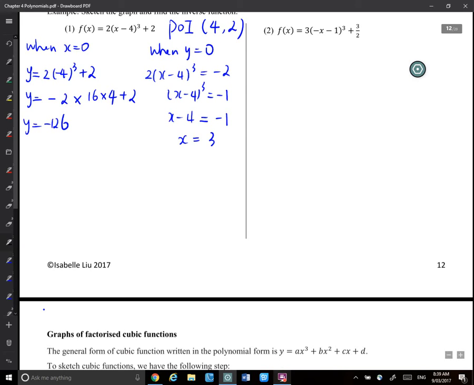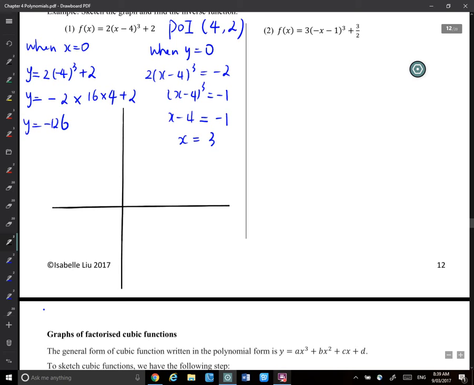I cannot really sketch it to scale, so just roughly do this. You have (4, 2), the point of inflection, and (3, 0), the x-intercept, and a really large negative number, (0, negative 126), the y-intercept.